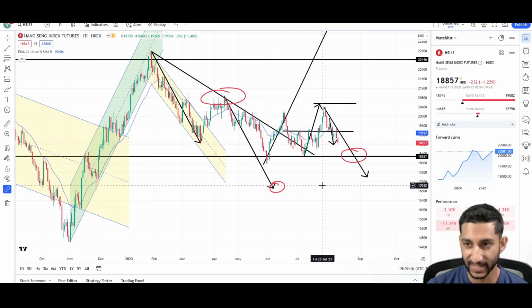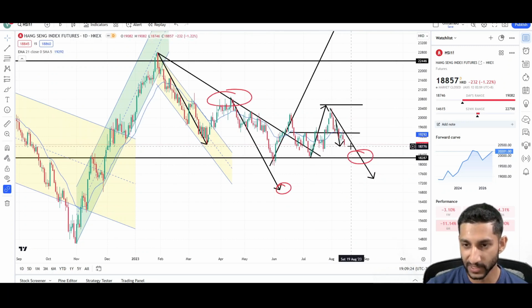So basically HSI and probably Chinese stocks that are in the Hang Seng Index will probably drop lower in the coming weeks. So it's looking bearish unless we get a bounce from this level right here. That would be a very bullish sign. Maybe we go up higher from there. But as of right now, it looks like that level will probably be hit, and then we'll have to reanalyze if it will break that level or not.